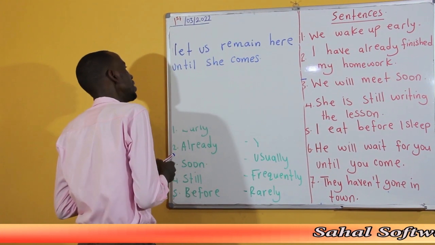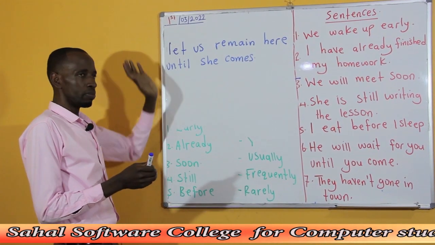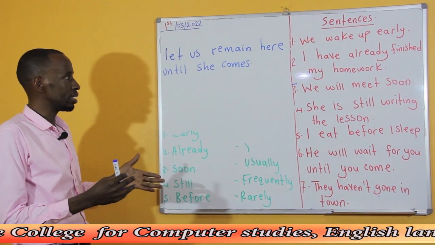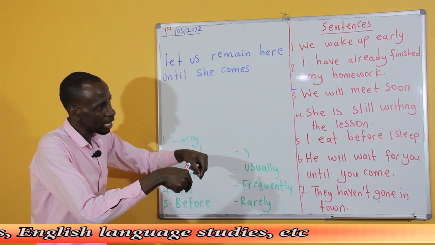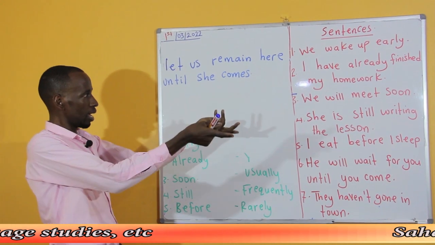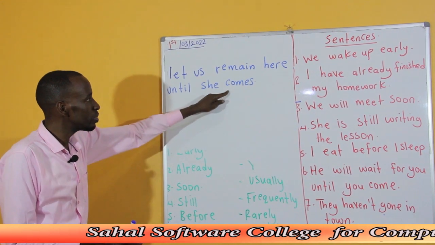Let us remain here until she comes. When she comes, we will go. That's the meaning. If you say until she comes, it means when she comes, another action will happen. But before she comes, you cannot go.